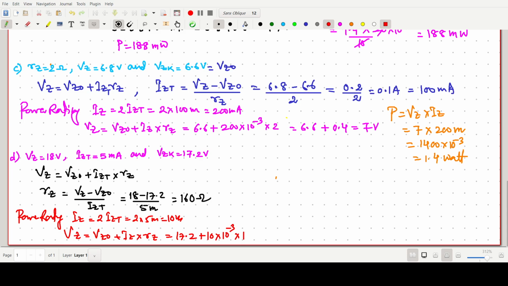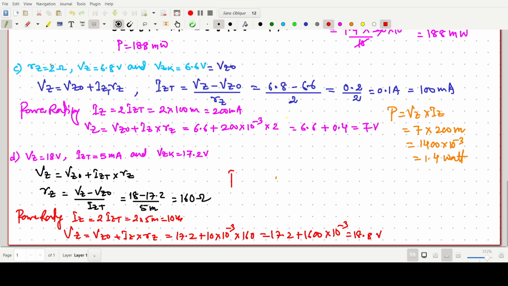Rz is 160, so 17.2 plus 1600 into 10 to the power minus 3, 1.6, means 18.8 volt.